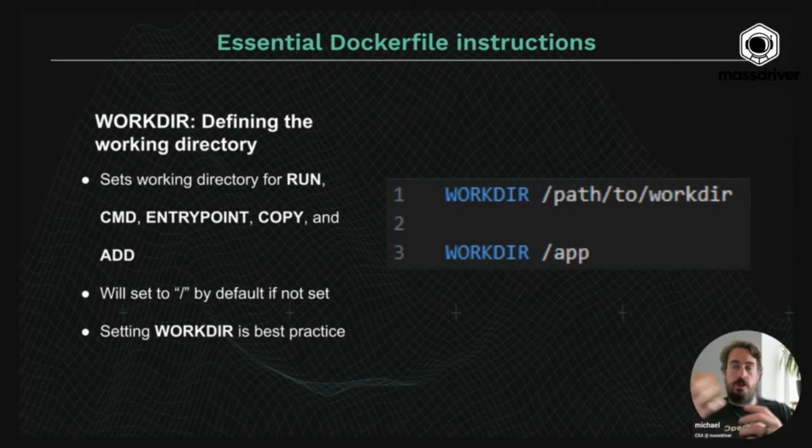By default, if no working directory is defined, the working directory is then set to the root directory in the container unless it is otherwise specified in the base image. To avoid potential issues when working with unknown or unintended directories, it's best practice to explicitly define the working directory in your Dockerfile.